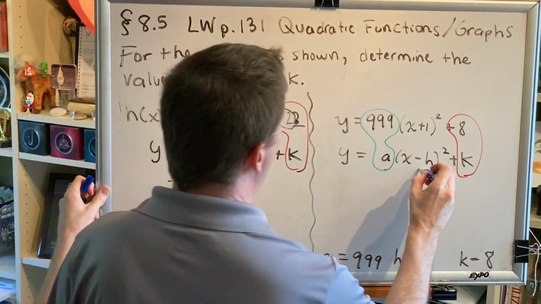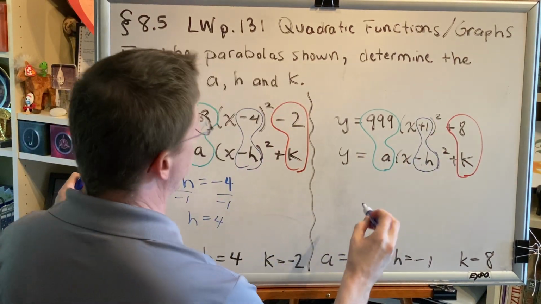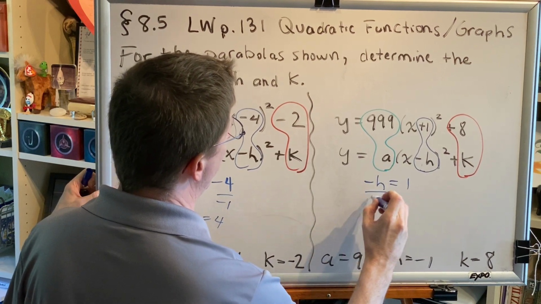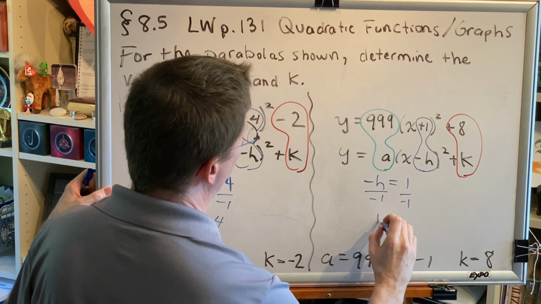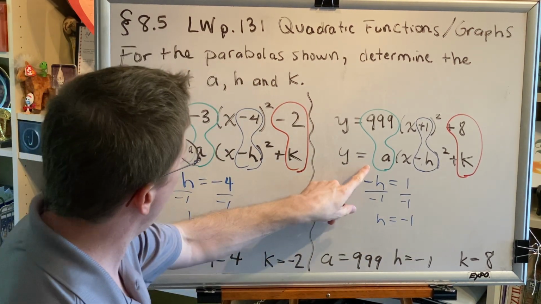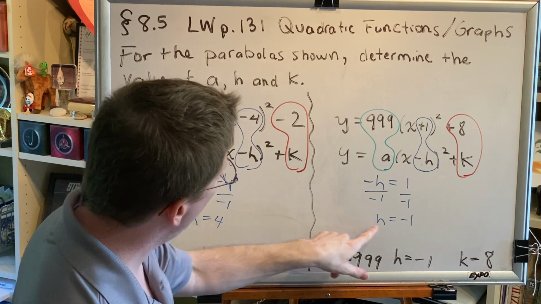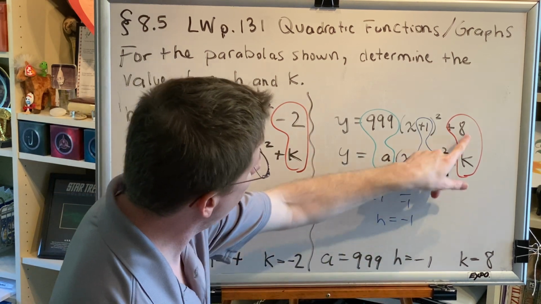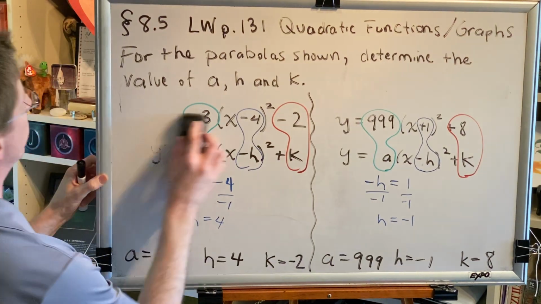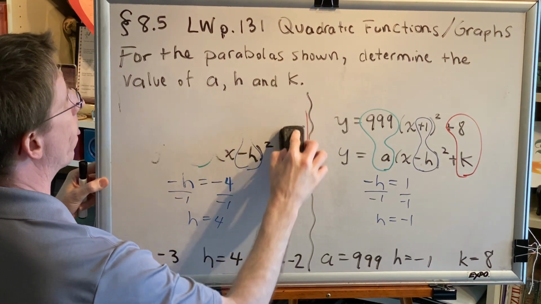And we can see that negative h is equal to positive 1. Divide by negative 1 on both sides, we get h equals negative 1. Same answers. a equals 999, h equals negative 1, k equals 8. Okay, great. 2 down, 4 to go.